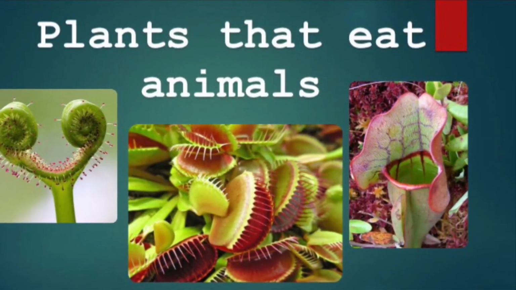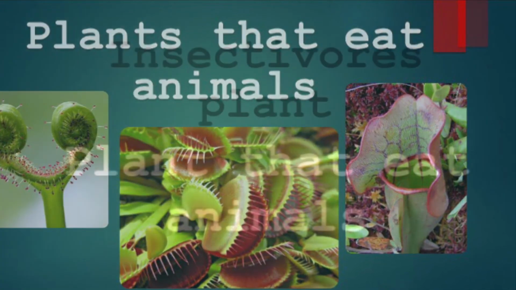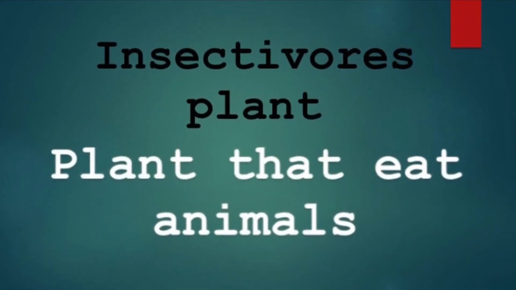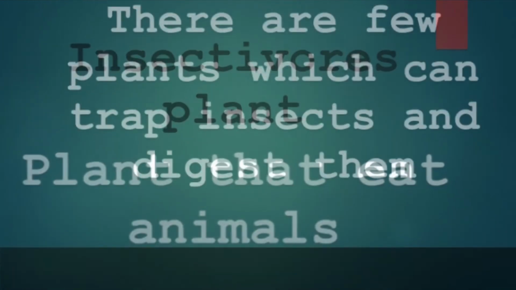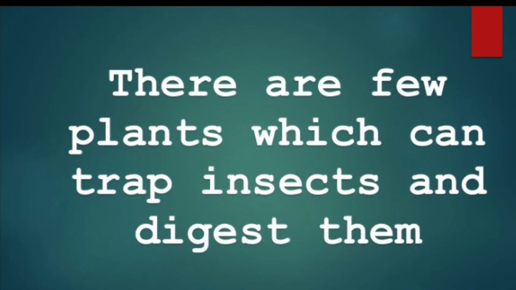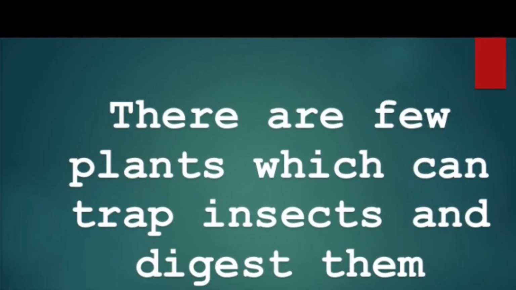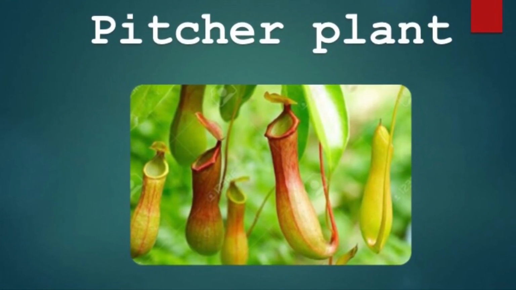Have you ever seen or heard of plants that eat animals? Yes, they are known as insectivorous plants. There are a few plants which can trap insects and digest them. For example, the pitcher plant. This pitcher-like structure is the modified part of the leaf.